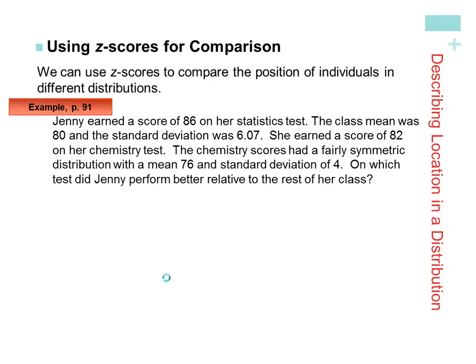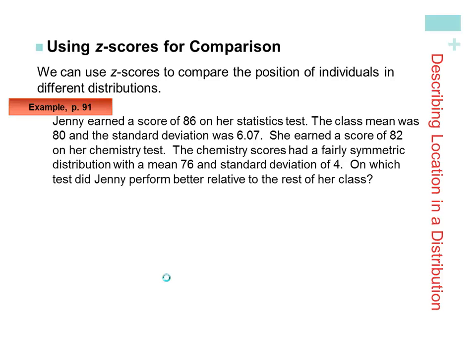Like in our arm-length dot plot, are you short-armed or long-armed, and would your answer change if instead of putting you in a distribution of classmates, I put you in a distribution of NBA basketball players? And so we'd want to compare some individuals in two different distributions. A more relevant example of this is on page 91, where we have this example that talks about Jenny again.